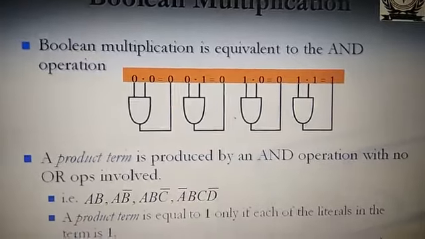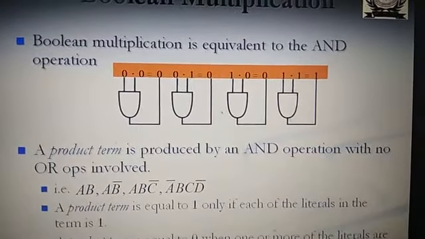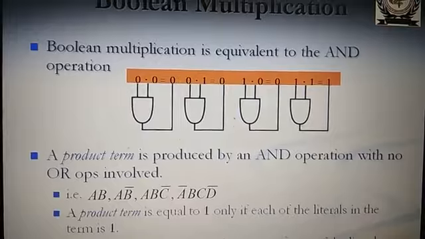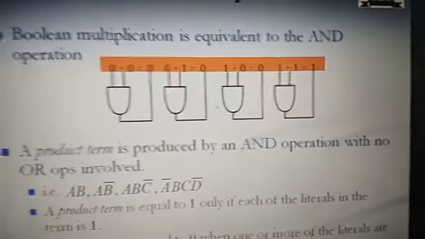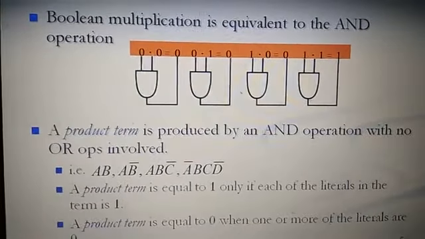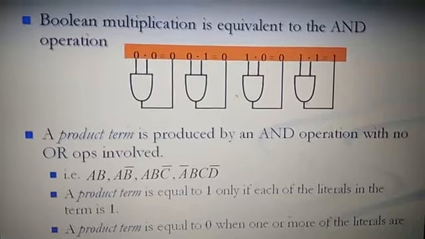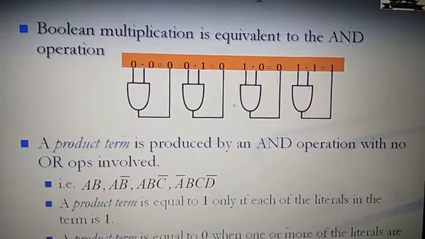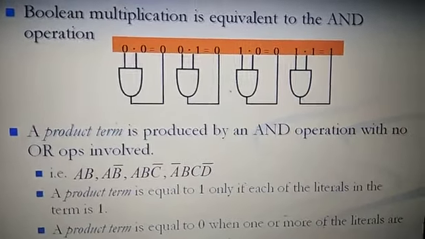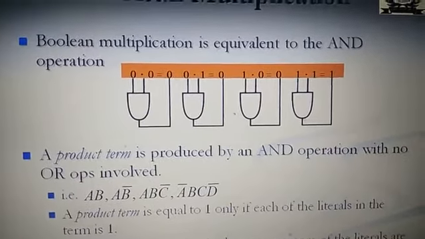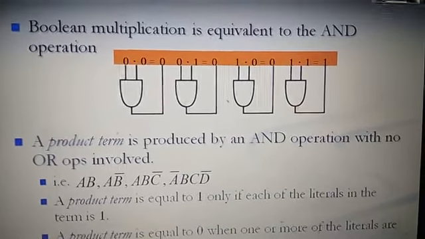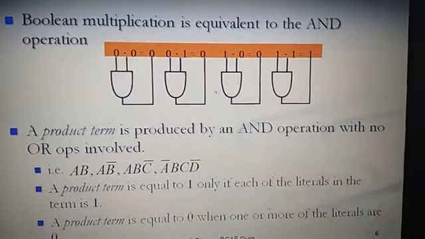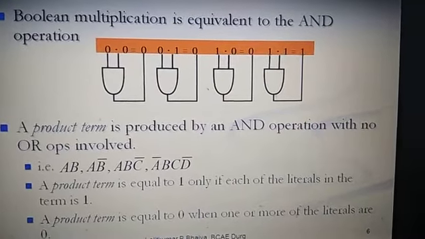A product term is produced by an AND operation with no OR operations involved. That is A dot B, AB bar, ABC bar, A bar B C D bar. This is called Boolean multiplication.